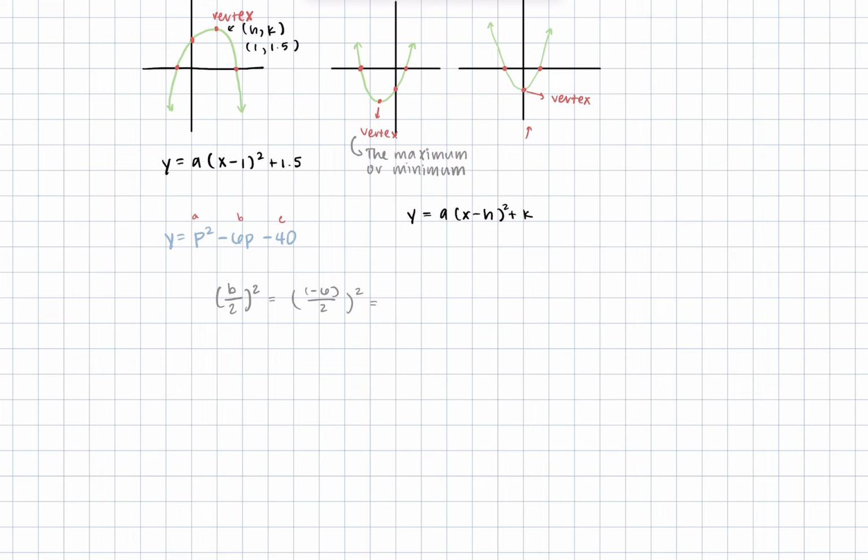So what we're going to do is add positive 9 to both sides. And when I say both sides, I mean like this. So we're going to have p squared minus 6p plus 9 minus 40 minus 9, sorry.